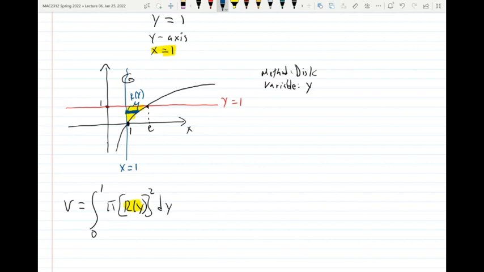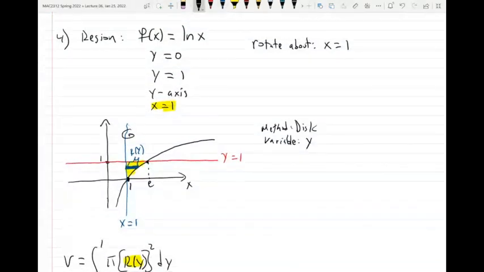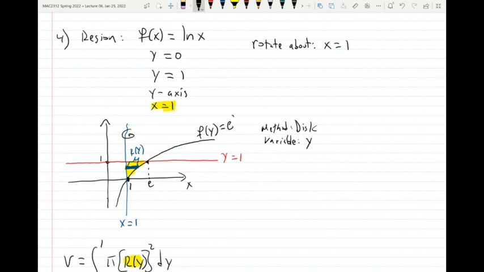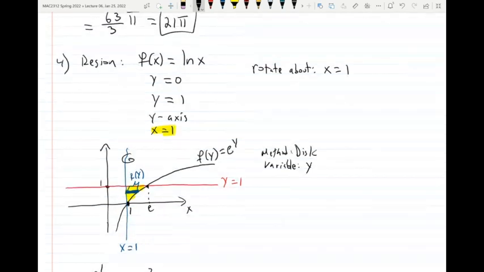So what would be the formula? We need to, first of all, write everything in terms of y, right? So let's make sure that we have all the formulas in terms of y. So here, this is f, but we really want to have it as f of y. What's the formula for this in terms of y? E to the y. Does everybody understand this? Remember, here you have y equals ln of x.